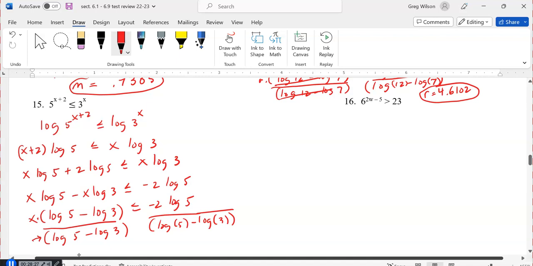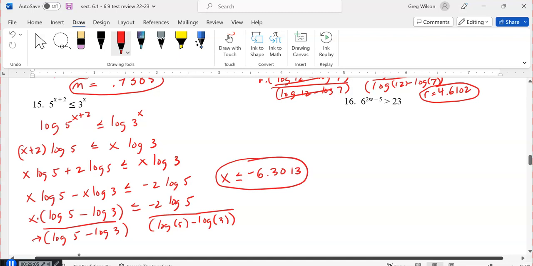Negative 2 log 5 divided by, and then just like I have it written, parentheses around the entire denominator, and then around each number separately. So we're going to have x is less than or equal to negative 6.3013.